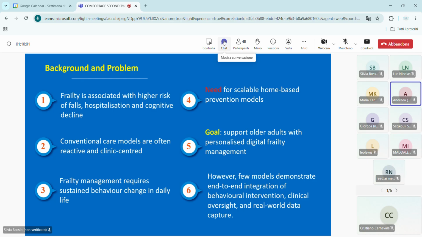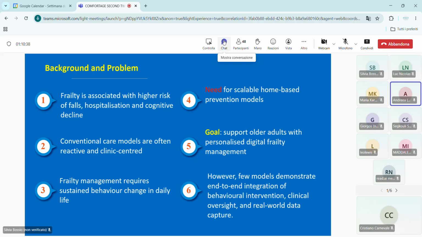Frailty is one of the most pressing challenges in current older adult care. It significantly increases the risk of falls and hospitalizations, as well as cognitive decline, as my other colleagues have stated in their presentations as well. Yet our current response remains largely reactive and clinic-centered, when what frailty actually demands is sustained behavior change in patients' everyday lives.